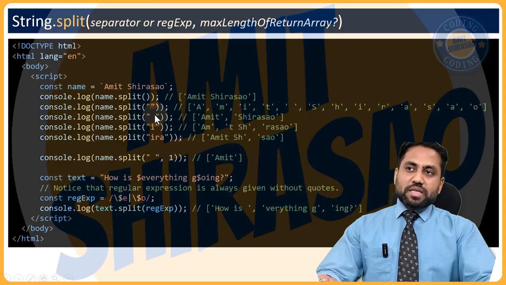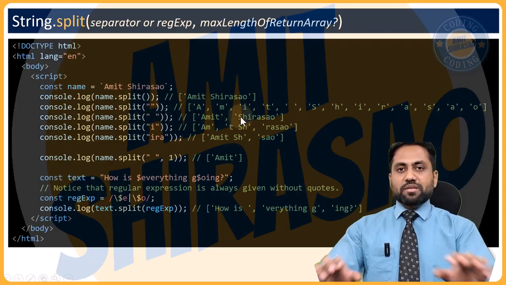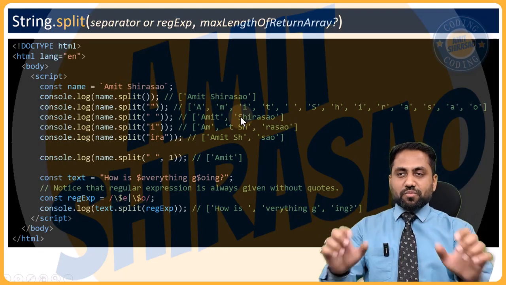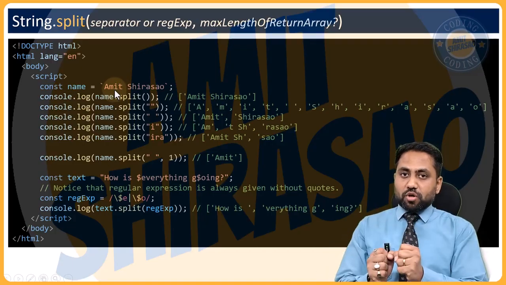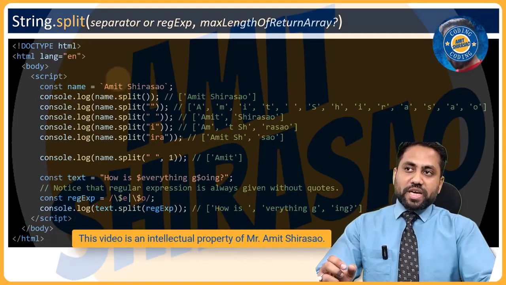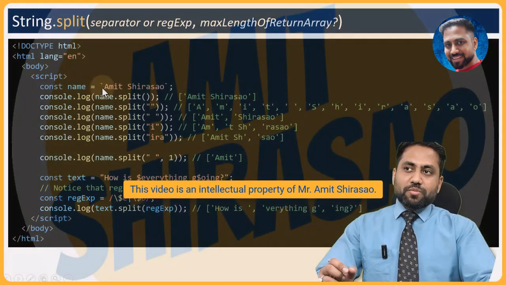If I say that this separator is space, then of course all the words will be separated into separate elements of the array. If I say split it using I, then I comes over here. I is lost because it's a separator. So AM will be the first element.